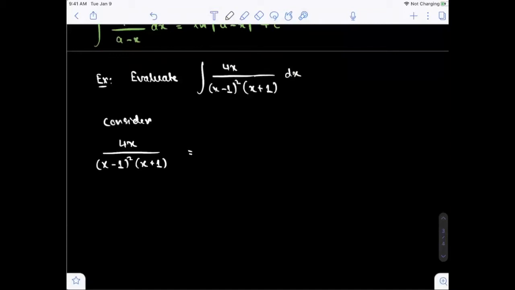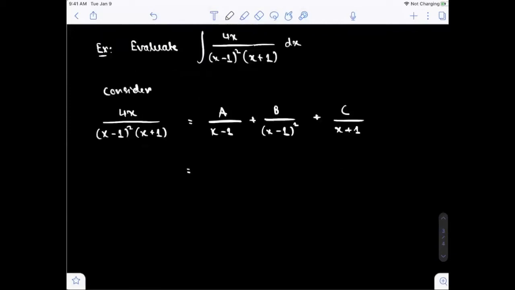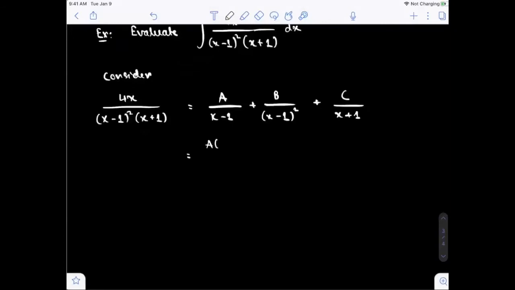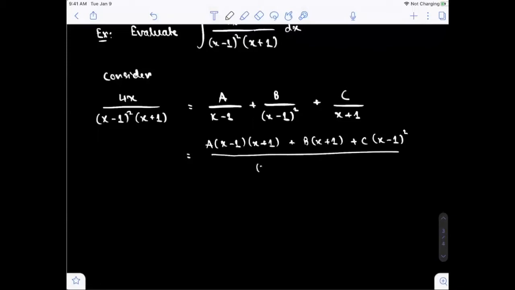You decompose them as follows: A over x minus 1, plus B over (x minus 1) squared, plus C over x plus 1. And you combine the three fractions on the right together. You have A times (x minus 1)(x plus 1), plus B times (x plus 1), plus C times (x minus 1) squared, all together divided by (x minus 1) squared times (x plus 1), and the left hand side remains the same.